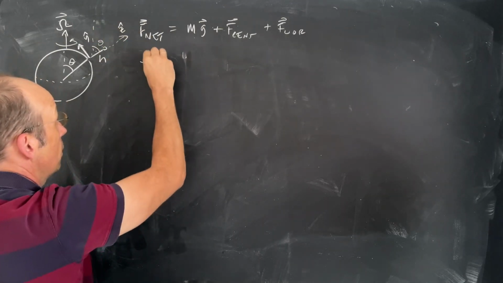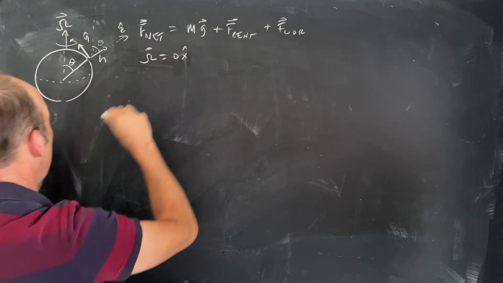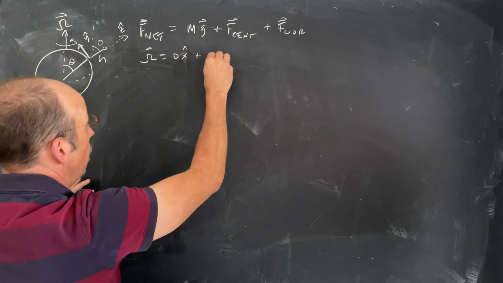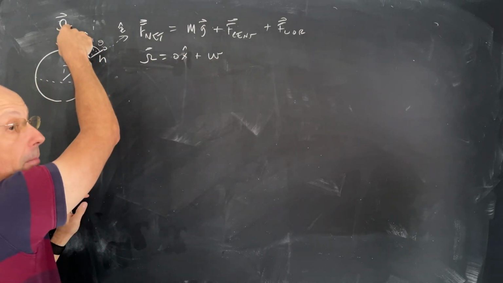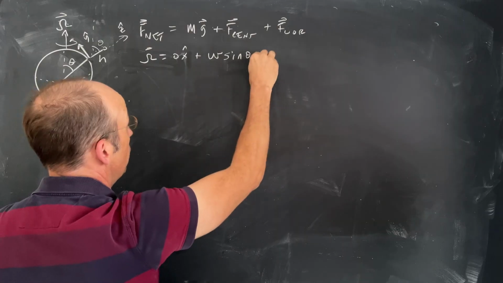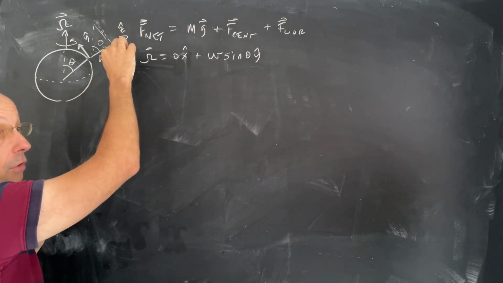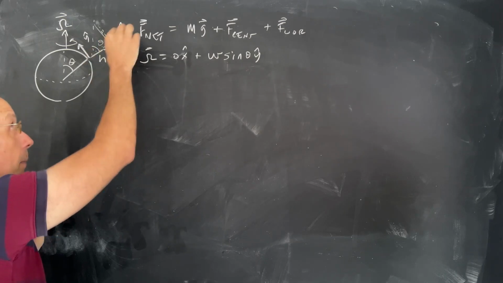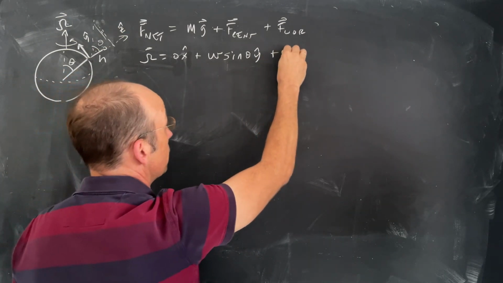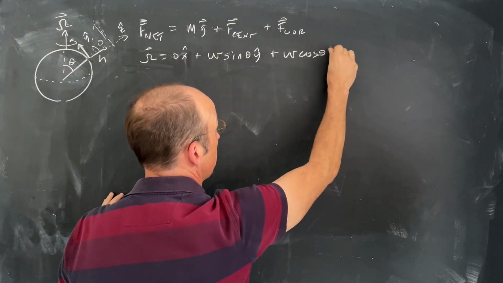In the y direction, it's going to have a plus omega, the magnitude of the angular velocity, sine theta y hat, because here's my y component of the angular velocity vector, and it's the opposite side of that triangle, so we use sine. And then in the z direction, it's going to be plus omega cosine theta z hat.